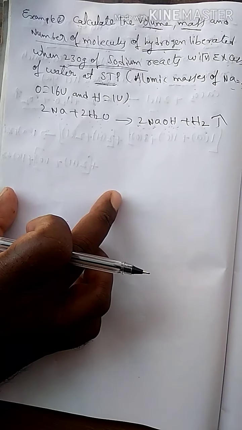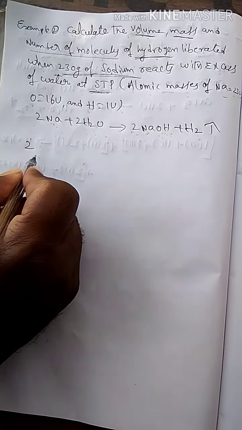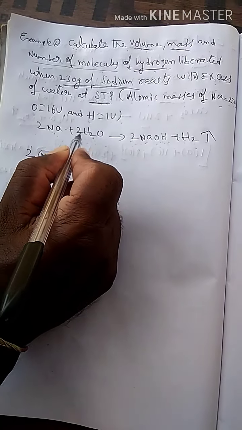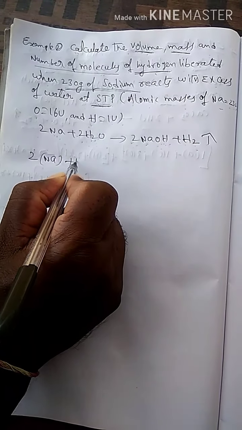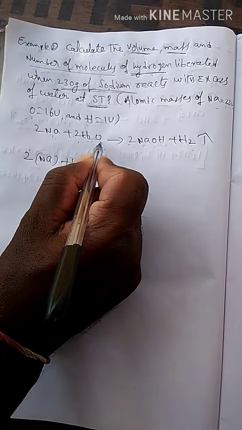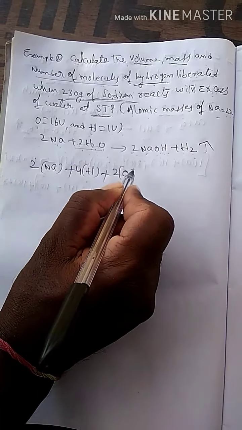Anyway, what is the equation? Write 2 sodium, plus 2 twos are 4, so 4 hydrogens, write 4H, plus 2 oxygen. This compound is whole, put the bracket.